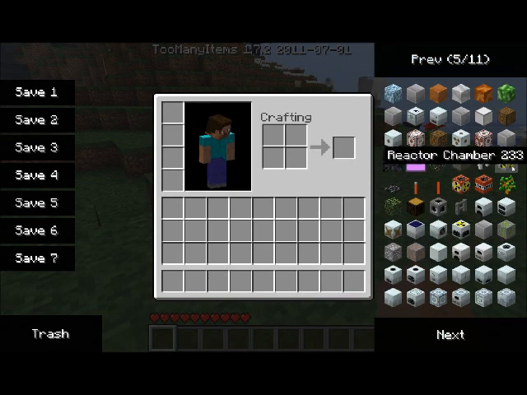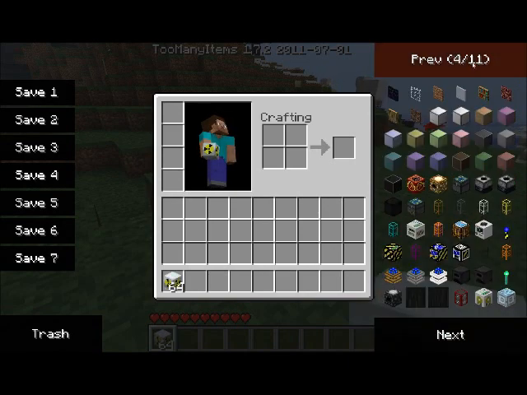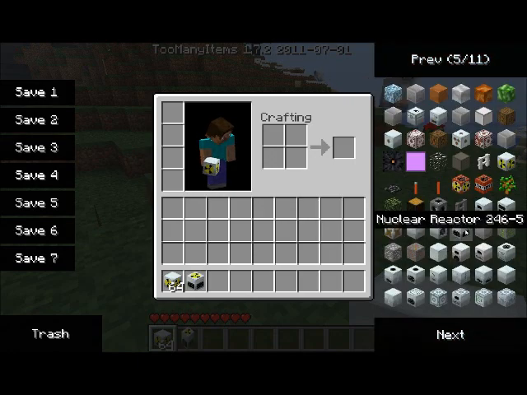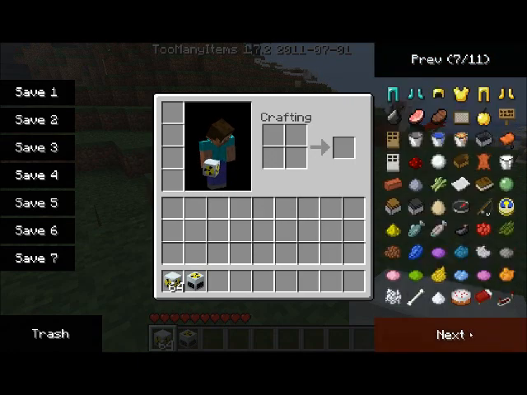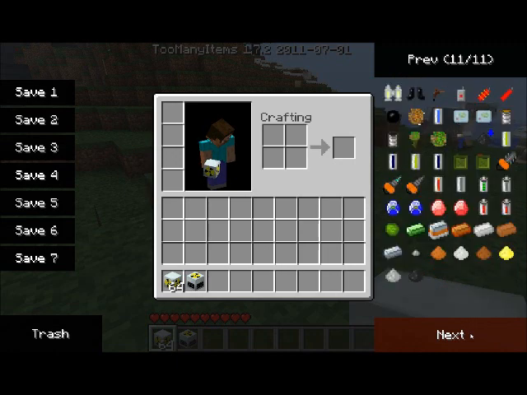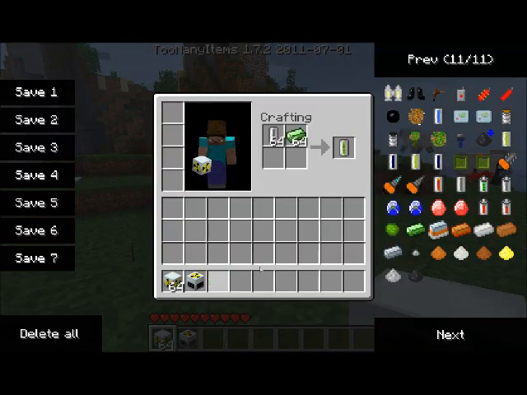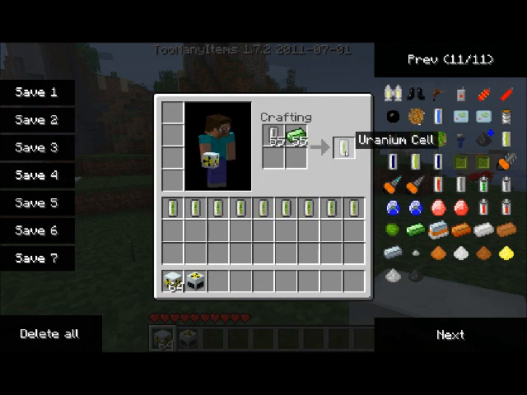I'm going to give myself some reactor chambers. I'm going to give myself the nuclear reactor itself. And there we go. Bunch of uranium cells.